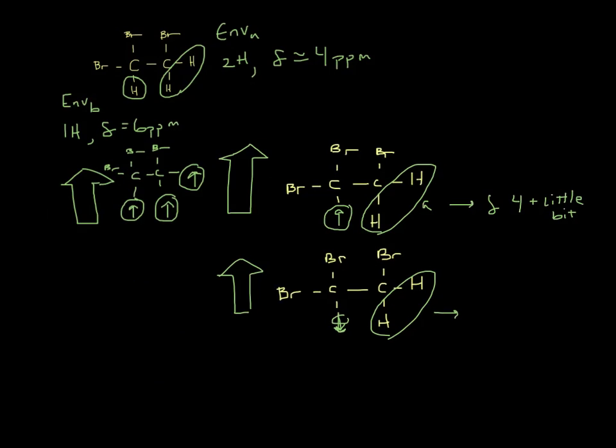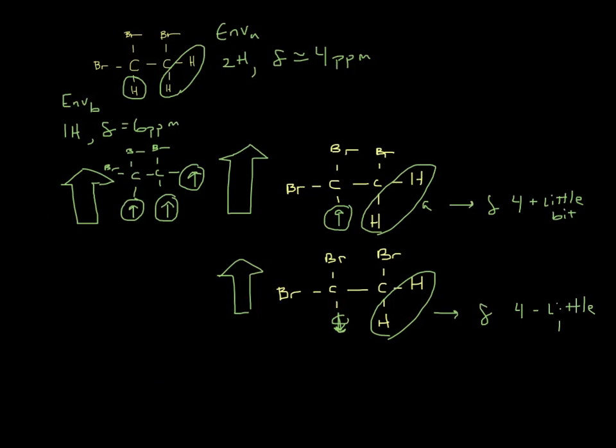Over here, though, the chemical shift for these hydrogens right here is actually going to experience a slightly smaller magnetic field because this neighboring magnetic field, to a very small extent, cancels this one out. Therefore, the chemical shift would be 4 minus a little bit.